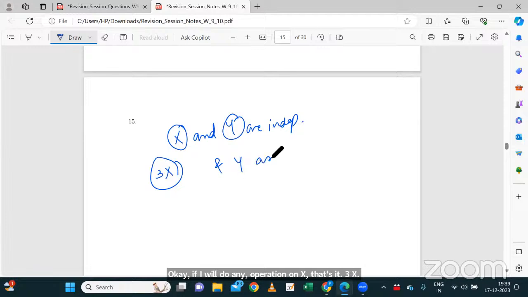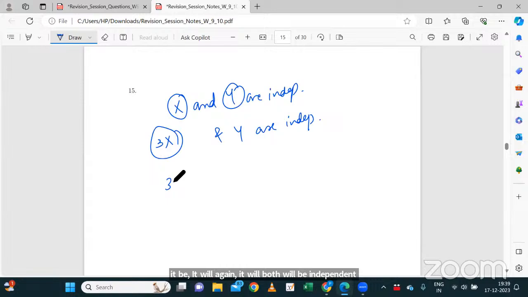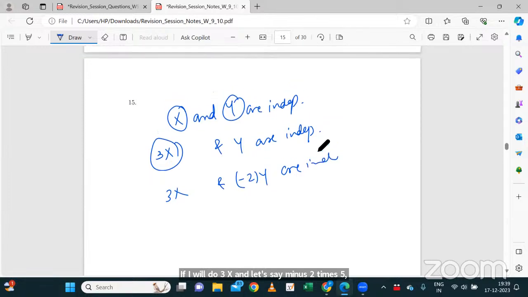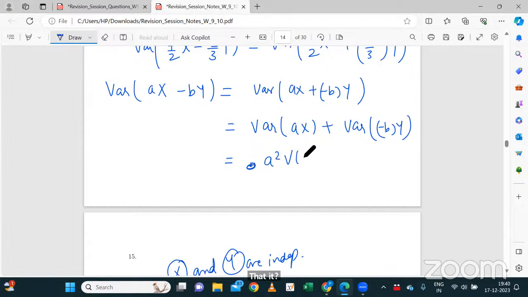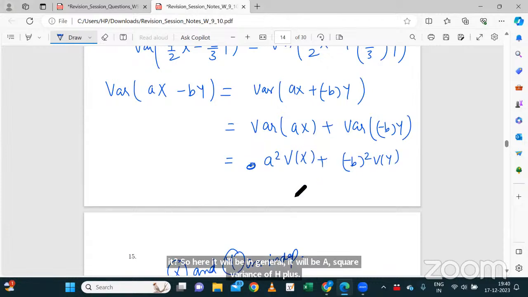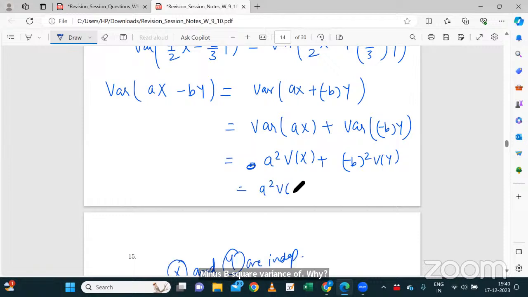Both will remain independent. If I do 3x and minus 2 times y, will it affect? No, sir. So in general, it will be a square variance of x plus b square variance of y.